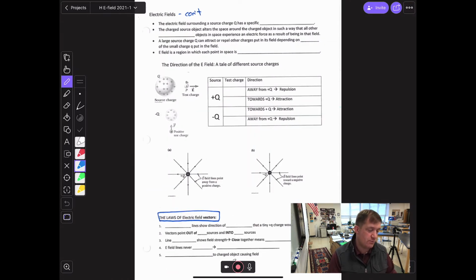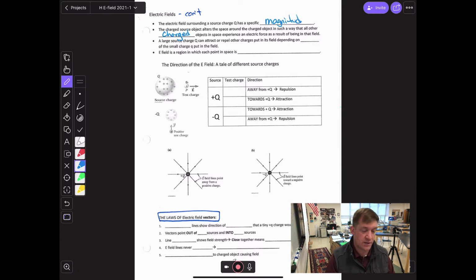So let's do a little more detail. The electric field surrounding a source charge has a specific magnitude, right? So you have to have a known magnitude source, okay? The charge source alters the space around that object. So having a charge in space changes the region around it, in a way that all other charged objects can feel a force without any contact.